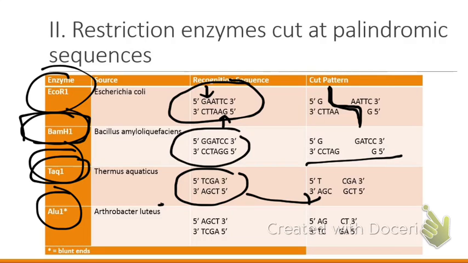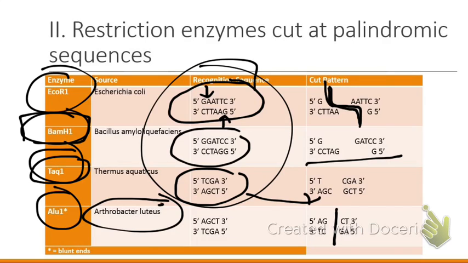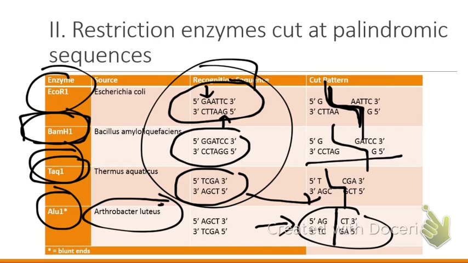And then Arthrobacter luteus, which actually isn't very common, is actually going to specially just cut it right in the middle. So all of these three are going to cut it in this weird, like, I don't know, stair pattern, but this is the only one that cuts straight. And this is actually called a blunt end, and these are all called sticky ends, but don't worry, because you'll cover that while you do the actual activity.